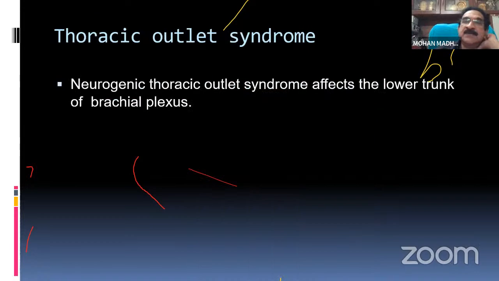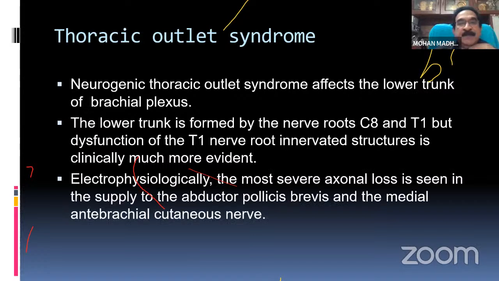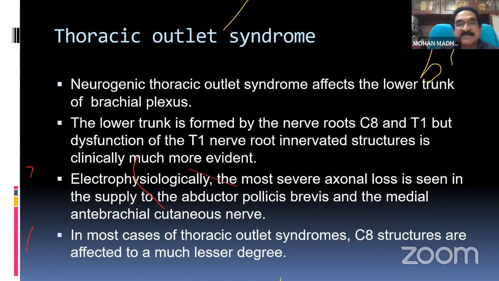Neurogenic thoracic outlet syndrome of the lower trunk of the brachial plexus. The lower trunk is formed by the nerve roots of C8 and T1, but in this one, the T1 root innervated structures are clinically much more evident. Electrophysiologically, the most severe axon loss is seen in the supply of the abductor pollicis brevis and the medial antebrachial cutaneous nerve. In most cases of thoracic outlet syndrome, C8 structures are affected to a much lesser degree.